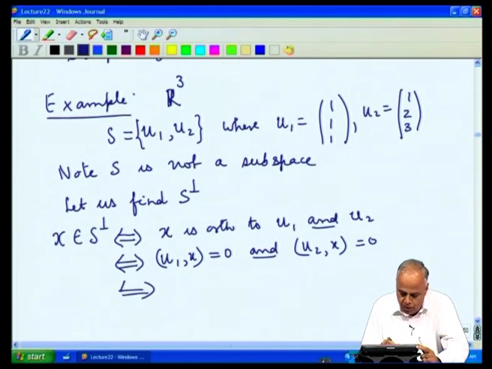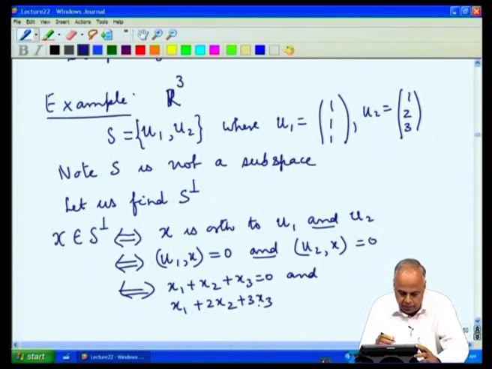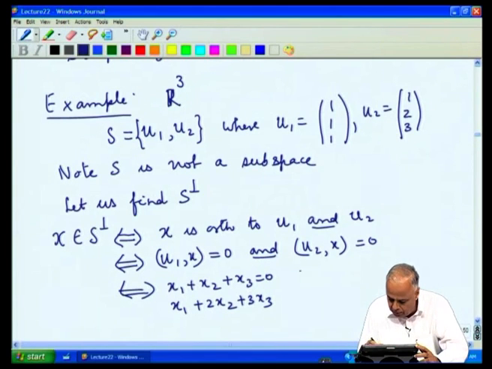Now, if x is (x 1, x 2, x 3), the inner product with u 1 will give me x 1 plus x 2 plus x 3 as 0, and its inner product with u 2 will give x 1 plus 2 x 2 plus 3 x 3 as 0. Let us now call this equation 1 and this equation 2.